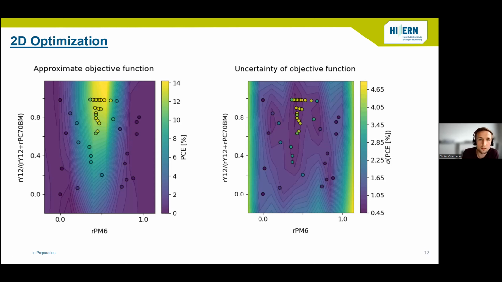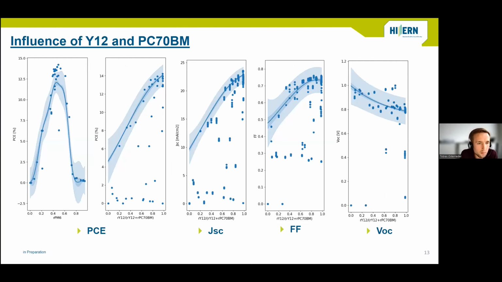Another way to look at those models is to see the influence of one parameter on the target function, and then we get something that is called a partial dependence plot. Here on the left side, this is the prediction for the PCE, and here we have the RPM6.